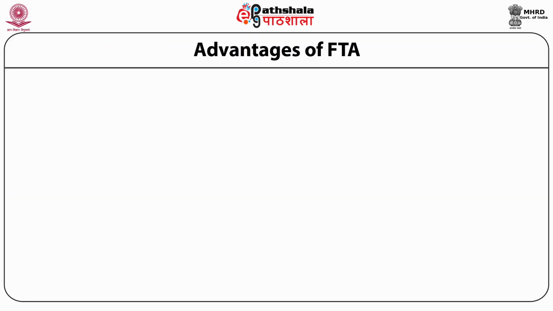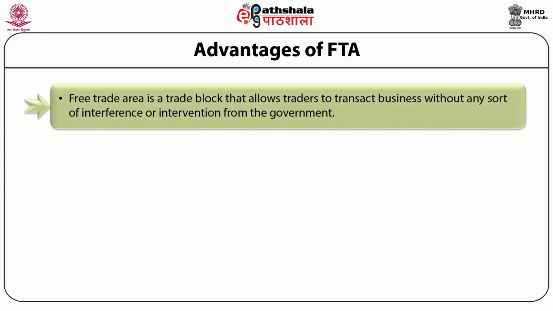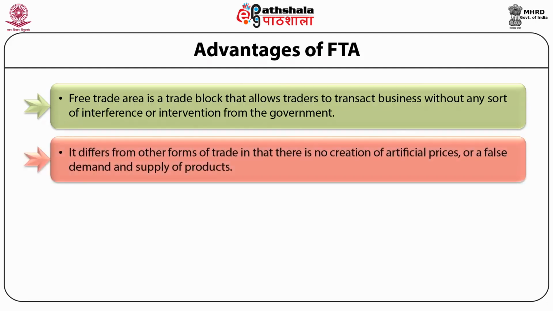Advantages of FTA. Free trade area is a trade bloc that allows traders to transact business without any sort of interference or intervention from the government. It is believed that free trade area leads to mutual benefit for both the trading partners. It differs from other forms of trade in that there is no creation of artificial prices or a false demand and supply of products.